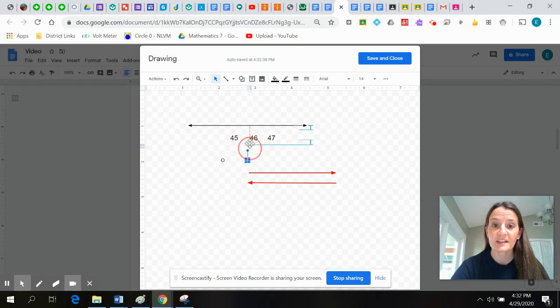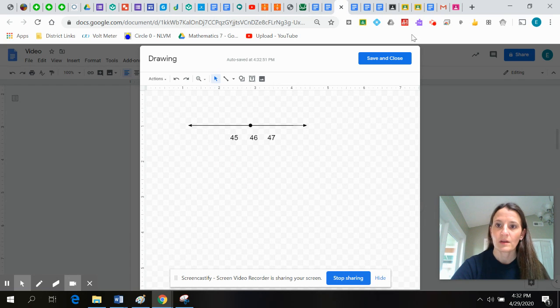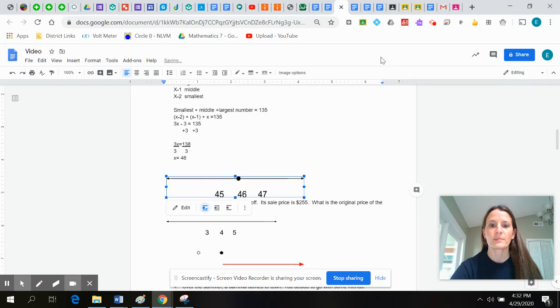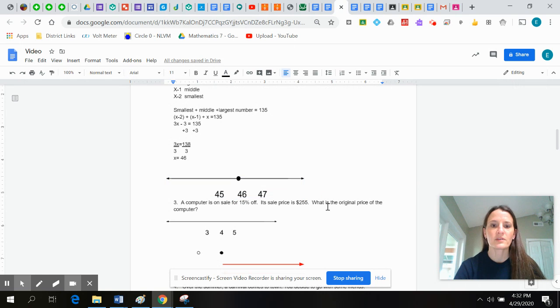X equals 46, one solution, so it'll be a solid closed in because it's x equals 46. We don't need any of this stuff. Save and close. There's our number line. All right, we have modeled this problem on the number line. Modeled the solution on the number line.